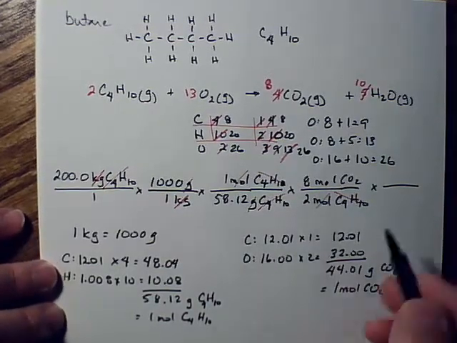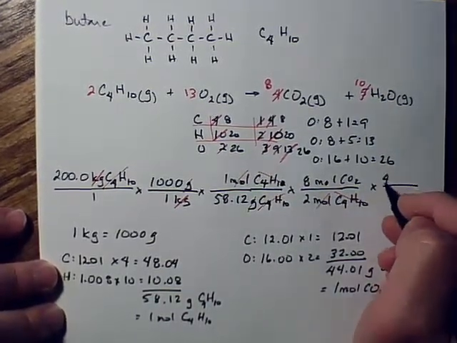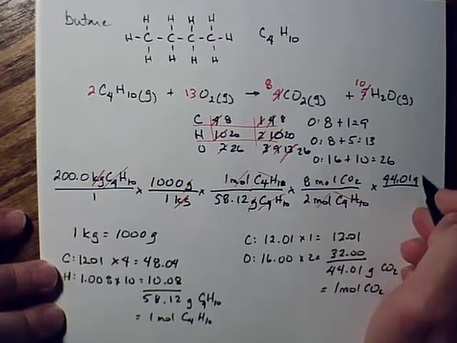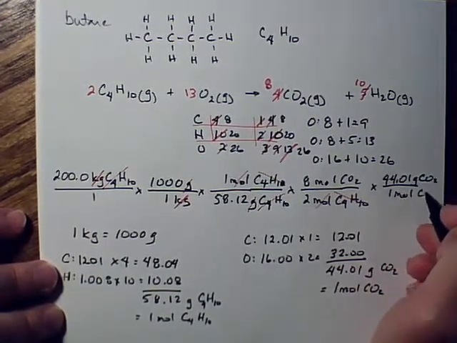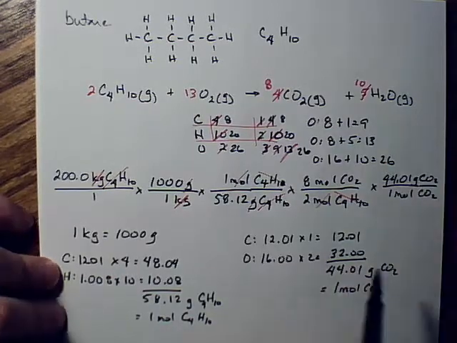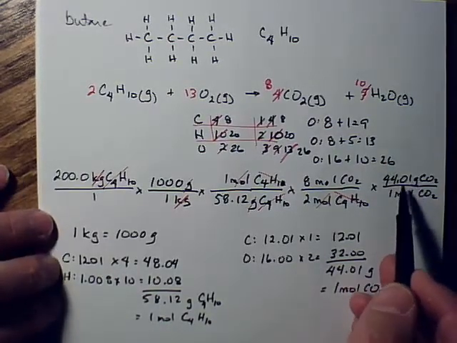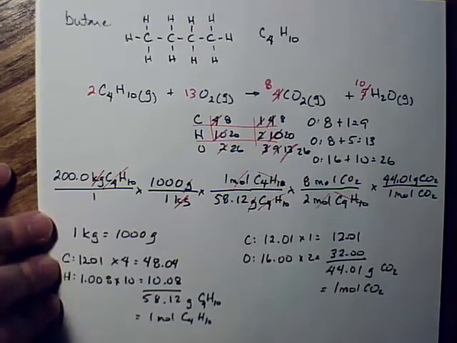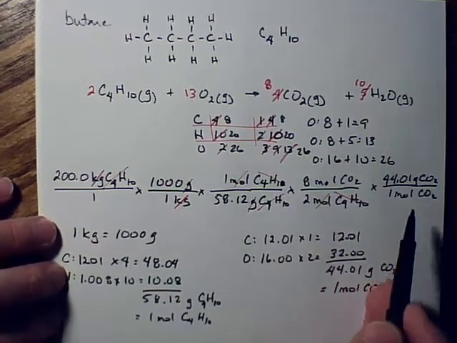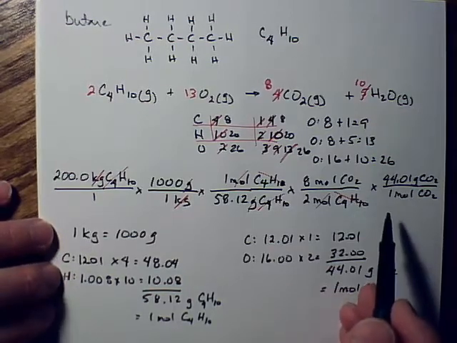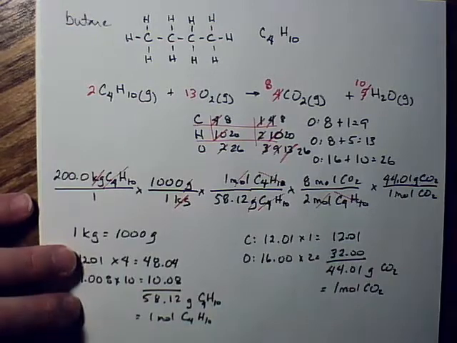Have an equality statement, we can build a conversion unit. 44.01 grams of CO2, 1 mole of CO2. So this is a conversion unit because the 2 parts, the top and bottom part, are equal to each other, and that means the value of this fraction is actually 1, and so what we're doing is converting to a different unit of measurement and not actually changing the amount we have here.